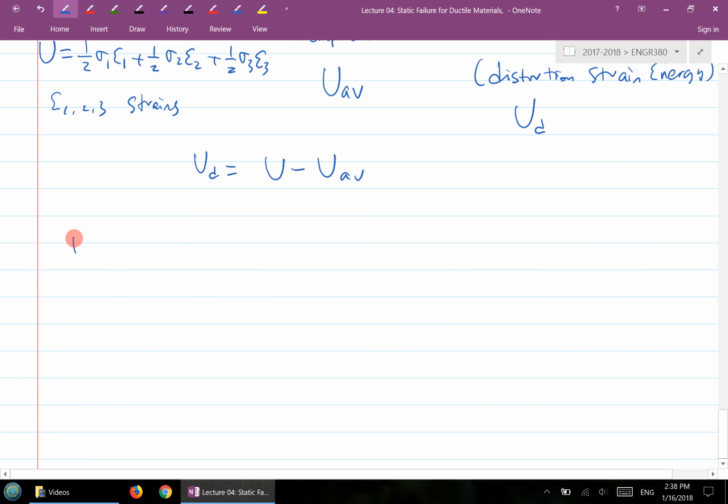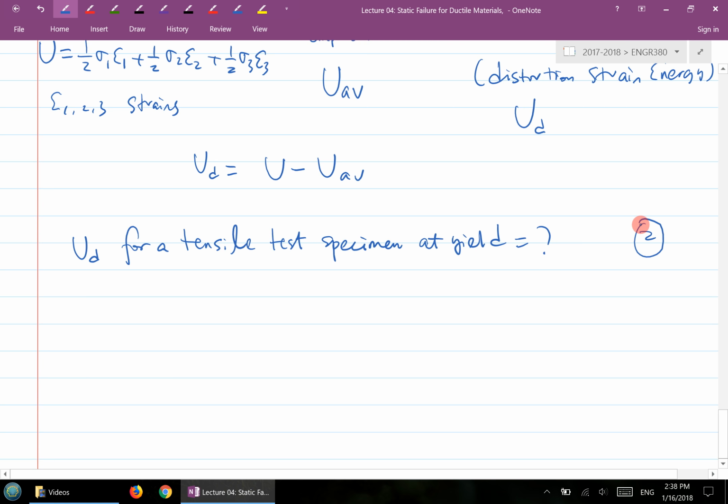Essentially we need to ask: what is the UD for a tensile test specimen at yield? This is your second quantity. If we can find this one, then we'll just compare our first one with the second one.